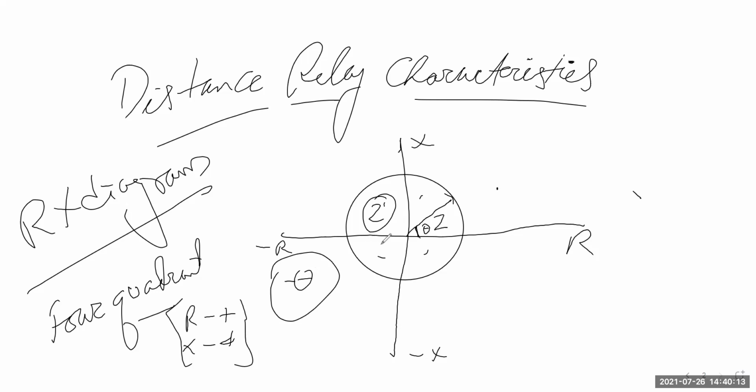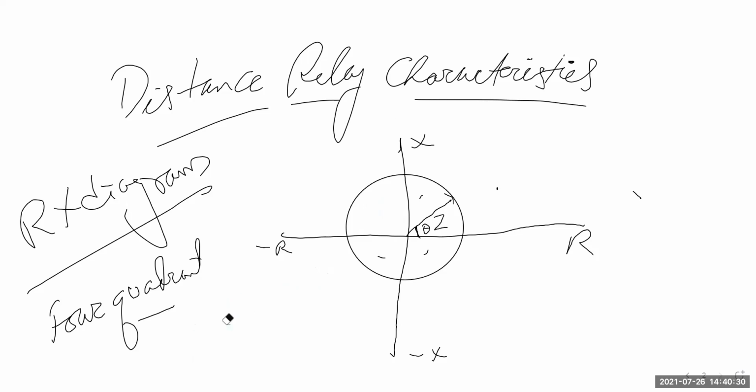Similarly, in the third quadrant, the relay will operate. So we talked about the first quadrant, where R is positive and X is positive, the fault impedance is greater than the normal impedance, hence the relay will operate in this part.